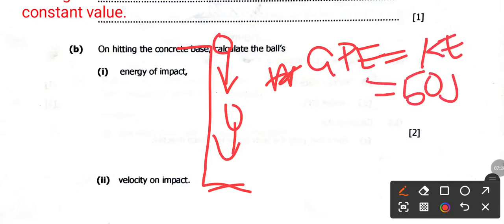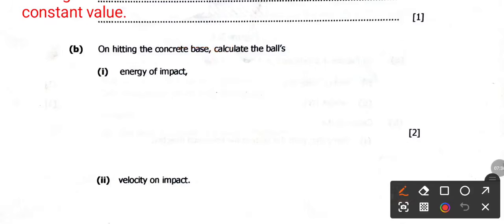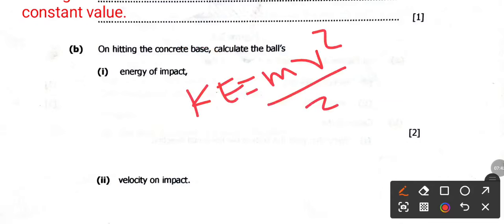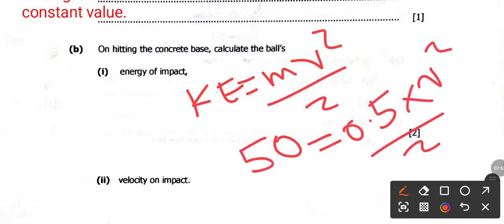It means that the kinetic energy of the ball was also 50 joules. So we can use this data to find the velocity. We're saying KE is equal to mv squared over 2. KE is 50. M, which is the mass, from the question we are told is 0.5. V, we don't know, over 2.